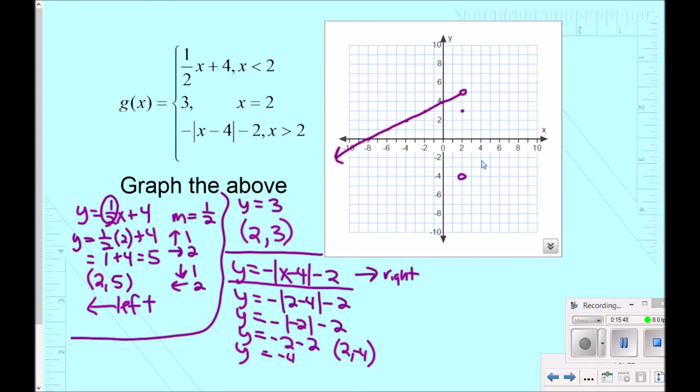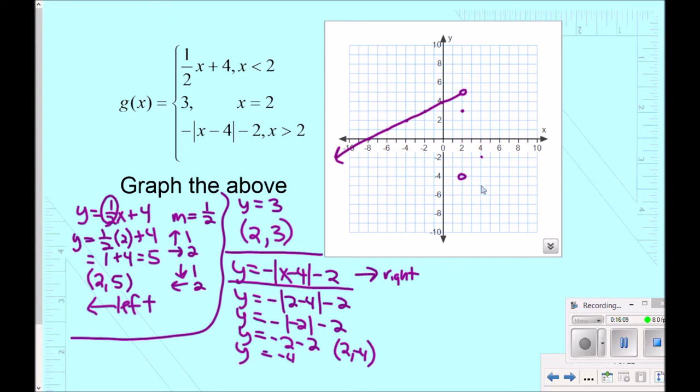And before I plot that, though, I'm going to double check, is that vertex to the right of the point that I already have plotted? And yes, it is. 4, -2 is right here, and that's to the right of the point I already plotted, which is the direction that I want it to be. So I'm going to go ahead and plot the vertex at 4, -2.